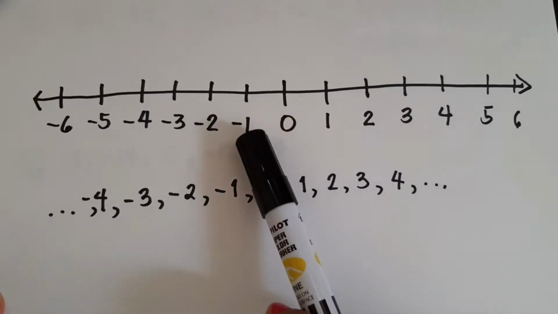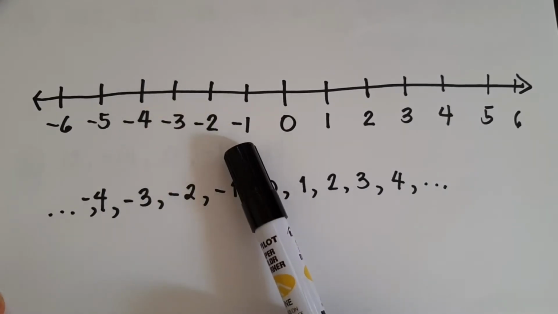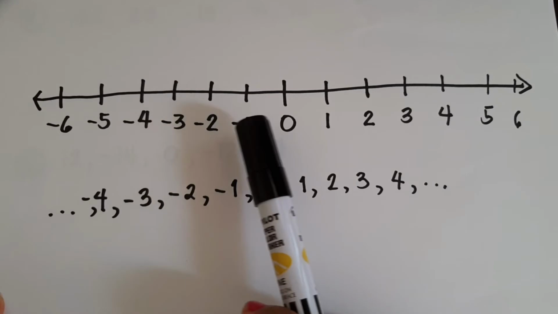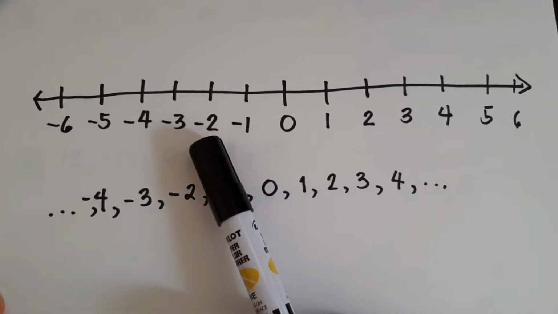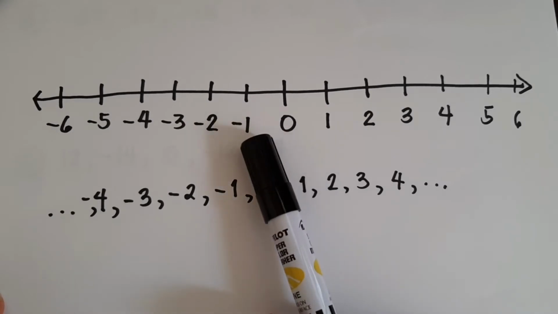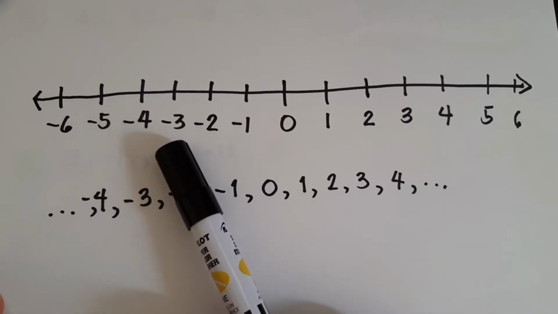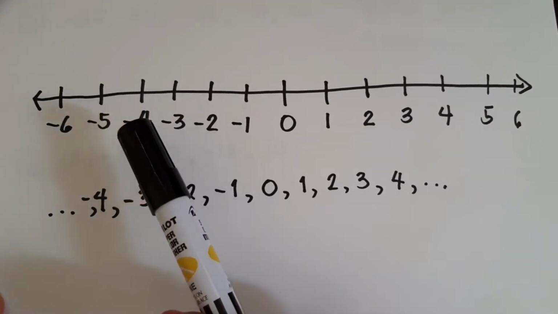And also negative 1 is greater than negative 2, kasi siya yung nasa kanan ng negative 2. And 0 is greater than negative 1. Okay? Negative 2 is greater than negative 3. Negative 3 is greater than negative 4.